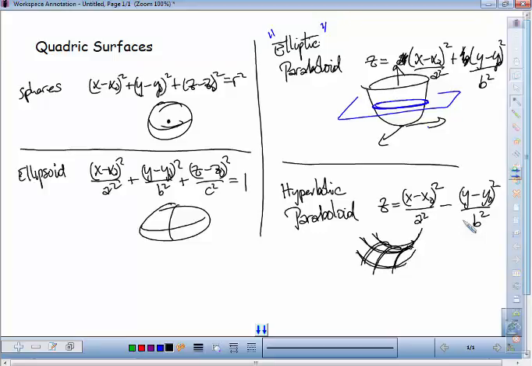We saw by some graphic last time that the cross-sectional cuts of these things are hyperbolas.